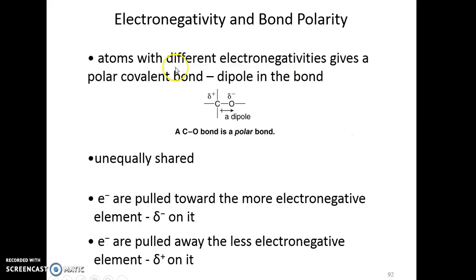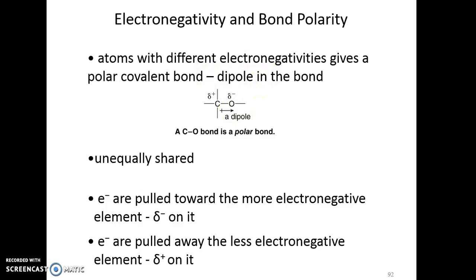When you have atoms with different electronegativity, we have a shift in the electron density, and it goes onto one atom more than on the other. For instance, if I look back at that table, you would see that oxygen has a value of 3.5 for electronegativity and carbon 2.5. That means oxygen is going to pull the electrons onto itself more than the carbon.